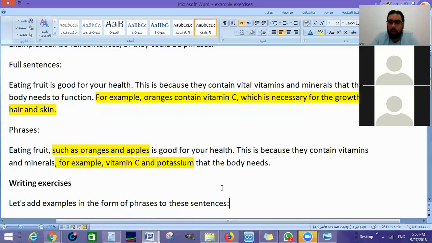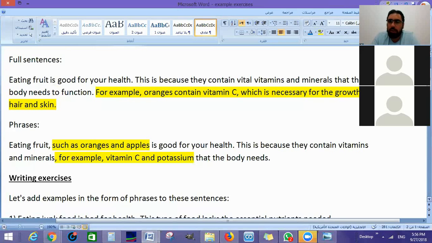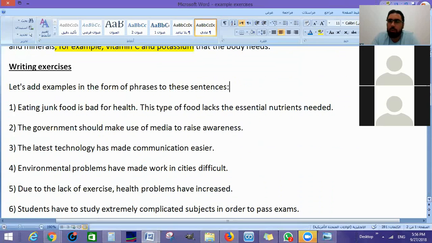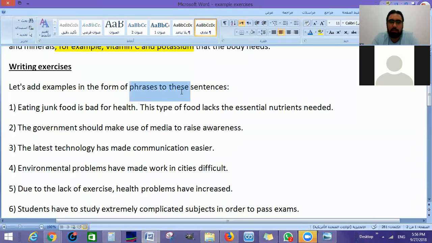Now, I want to do some exercises with you, and I want you to be able to add phrases into these sentences. So let's add examples in the form of phrases to these sentences.